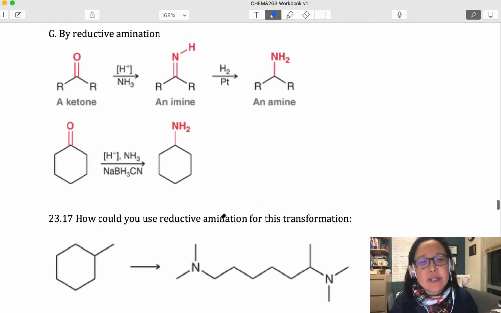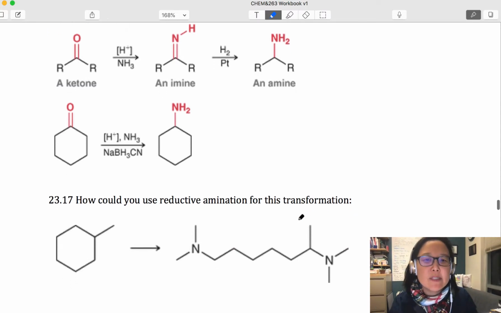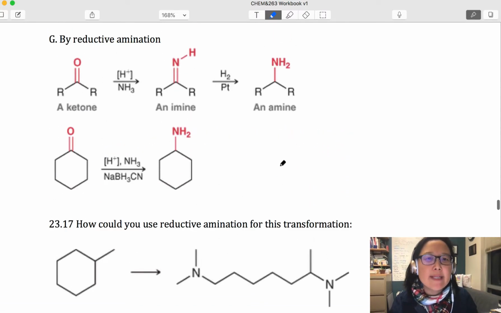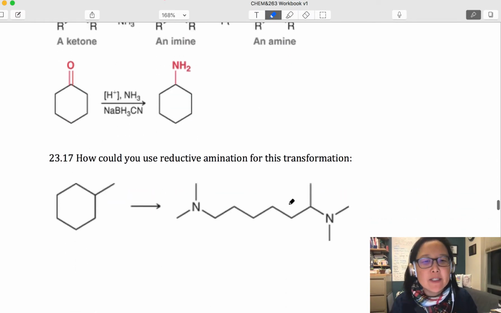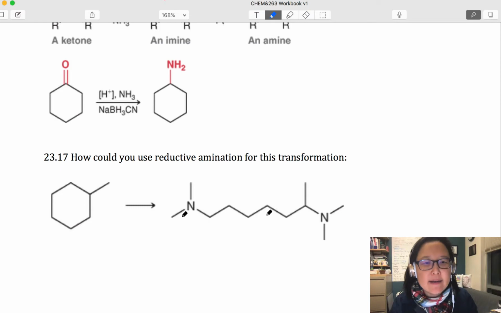So how could you use reductive amination, so making an amine, for this transformation? So the idea is we want to use one of these two pathways, reductive amination. And first I need to open up this molecule, but I don't have any functional groups. So think back to Chem 262.